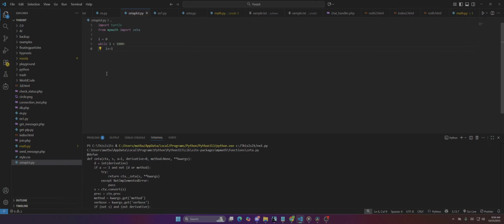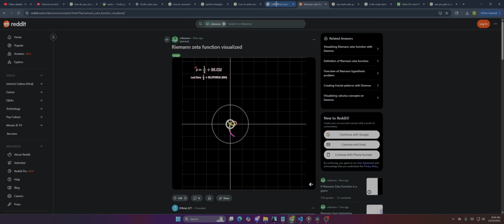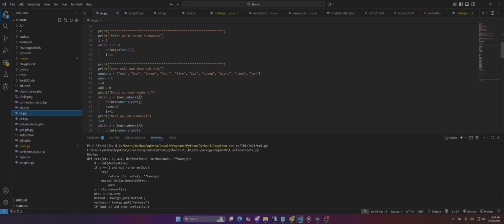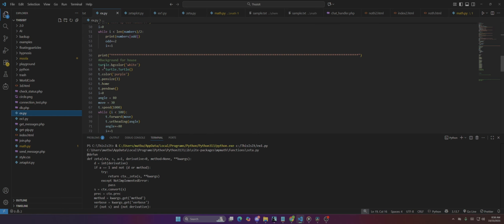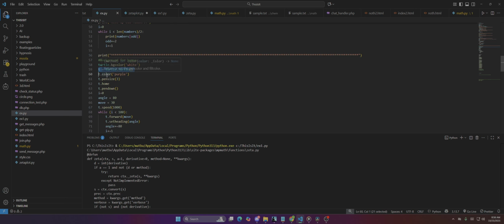then I want to create a graph with turtle.py. So we need this line by default.